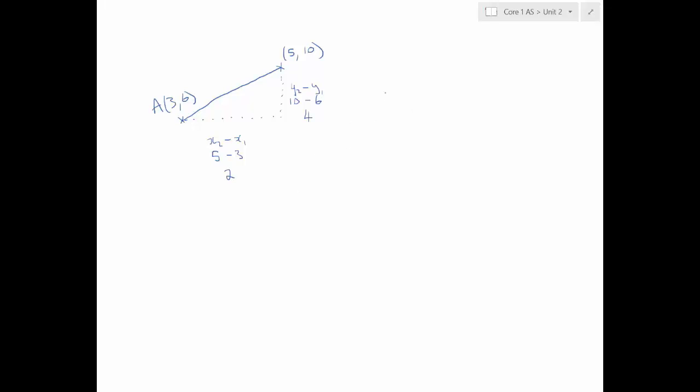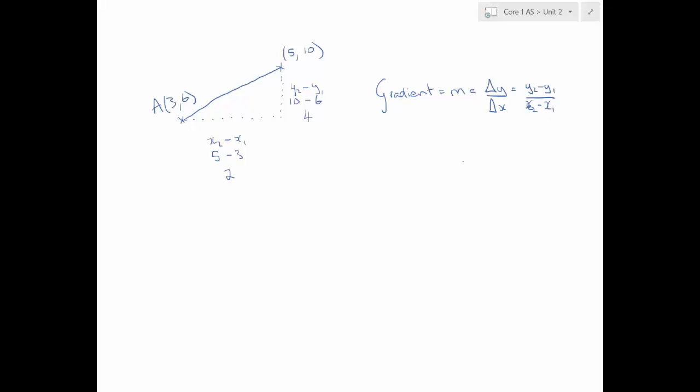Now that we've worked these out, what does that tell us? Well, the gradient, which in maths we use the symbol m, is equal to the change in y over the change in x, which in this case is the distance between y2 and y1 divided by the distance between x2 and x1.